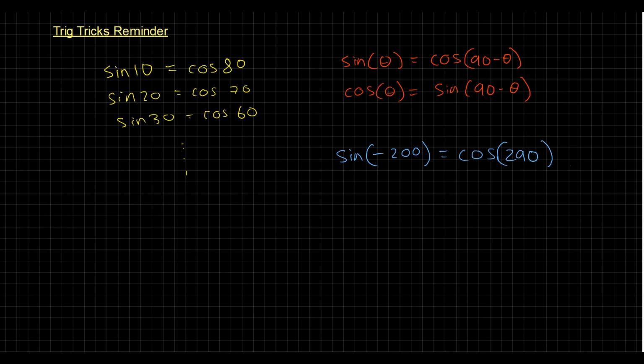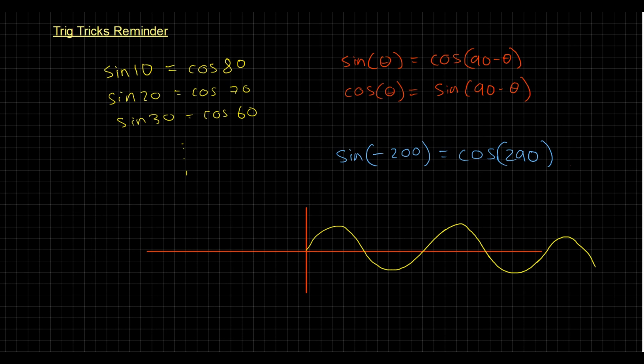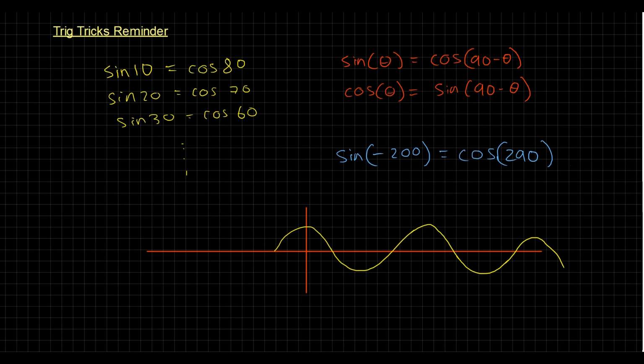The actual justification for it, perhaps you know, perhaps you don't know. You can think about it for a moment. The justification is simply that if you take the sine graph and you shift it by 90 degrees, you just get your cos graph, right?